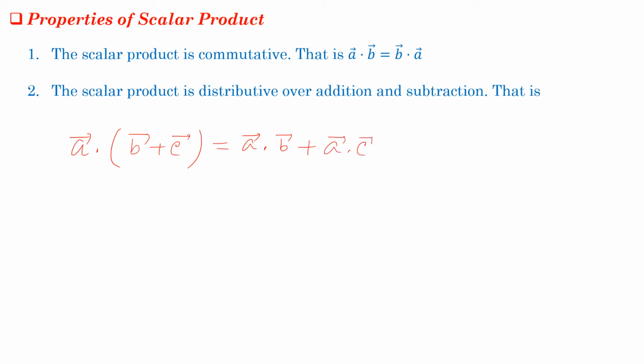Very simple. It also holds for the negative sign. If you have a bar dot b bar minus c bar, it will be equal to a bar dot b bar minus a bar dot c bar. So this is the distributive property of the dot product over addition and subtraction. So you write that one.